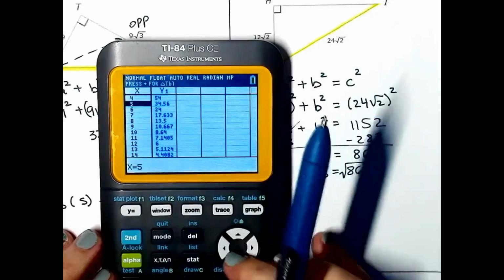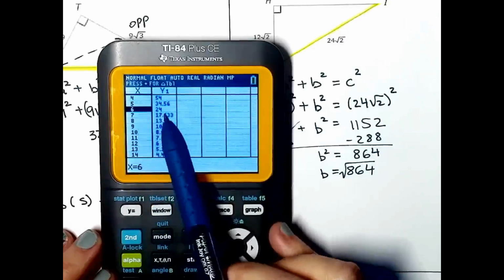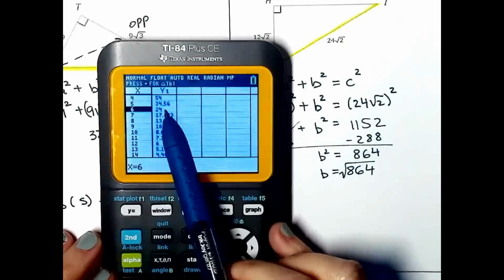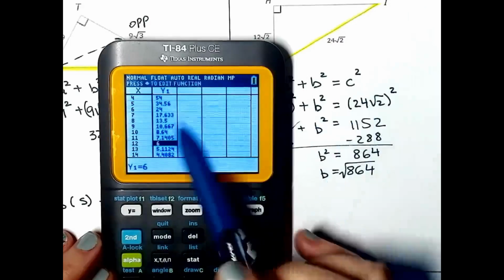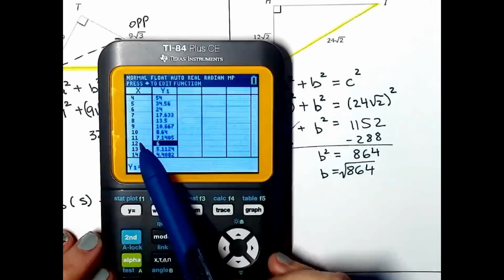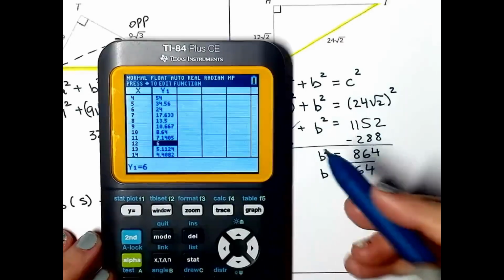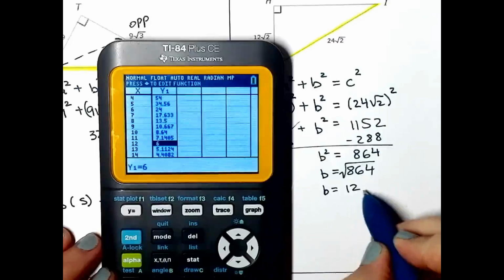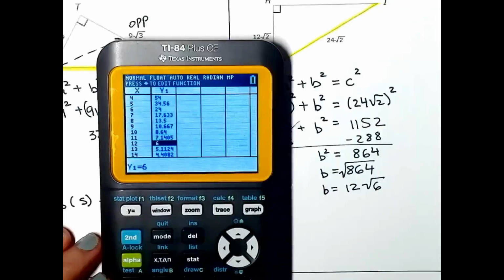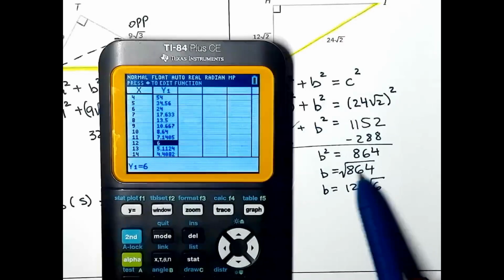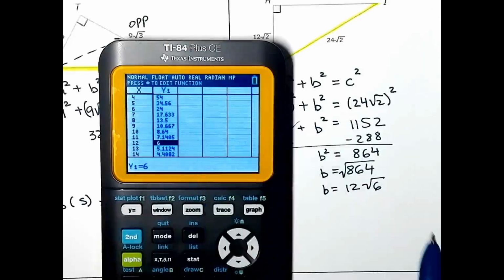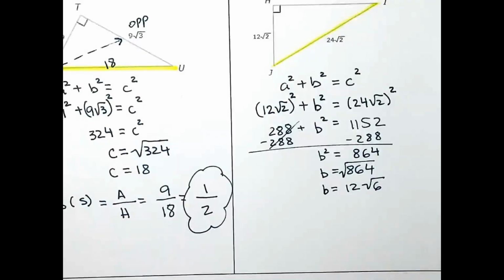Okay? And then you go, oh, okay, 6 square root of 24. You're like, I know I can simplify that some more. So you keep going until you find the lowest y. So the way you write this is 12 square root of 6. And then I'll do a whole other lesson on how to simplify this by hand without the trick in the calculator.